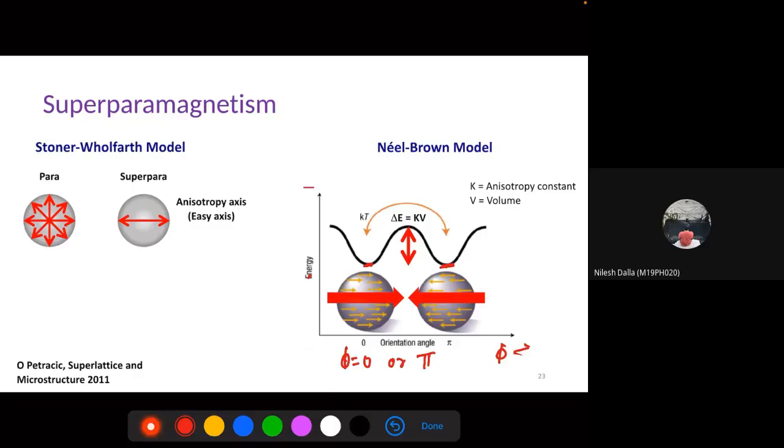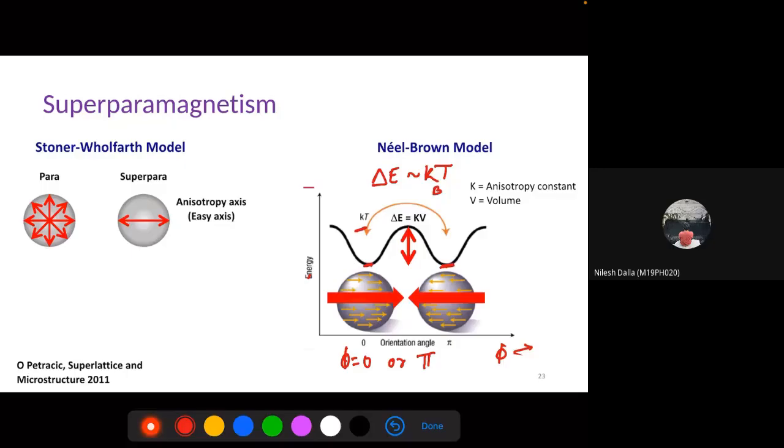But now, if your thermal energy kT is high enough compared to your KV, your delta E, so if your delta E is of the order of your kBT, then there can be a fluctuation. Your magnetization can overcome this barrier.